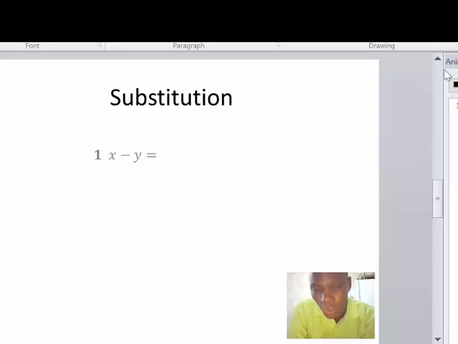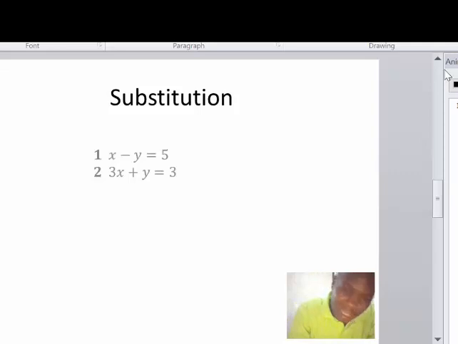So this is equation 1. For equation 2, you'll have the same equation, which is 3x plus y is equals to 3, if you still remember.